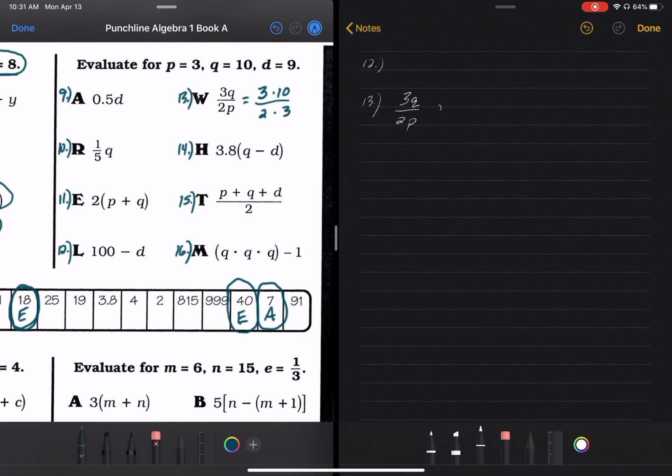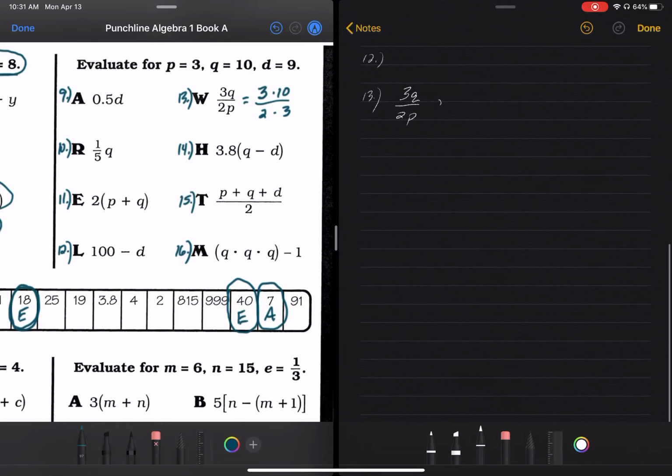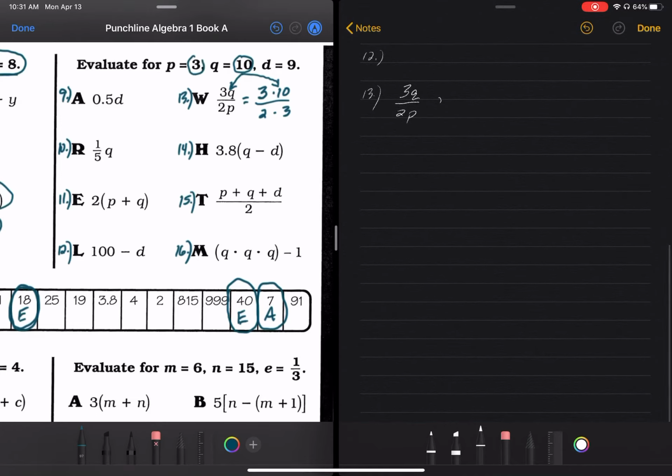All I'm doing is taking the 10 and putting it in for Q, right? And taking the 3 and putting it in for P.